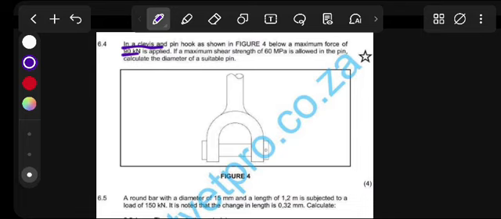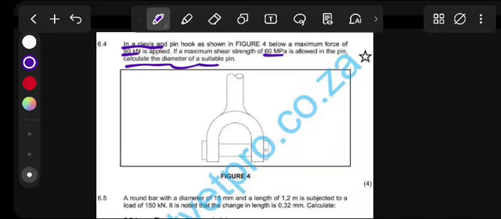If a maximum shear stress of 60 megapascal is allowed in the pin, calculate the diameter of a suitable pin.